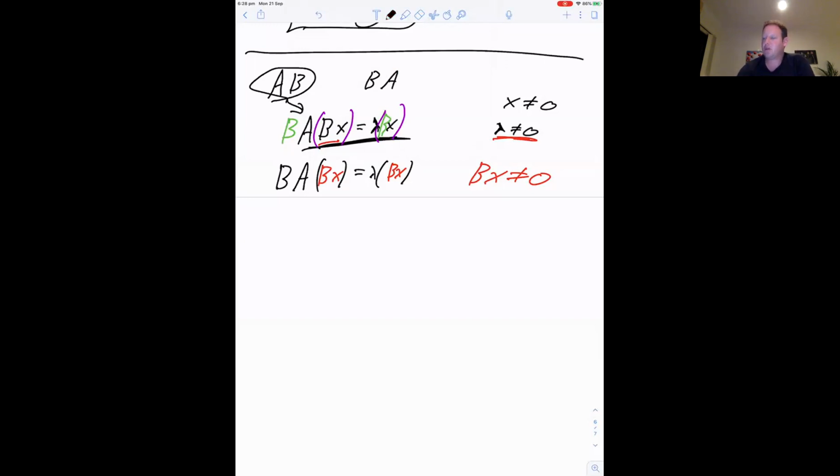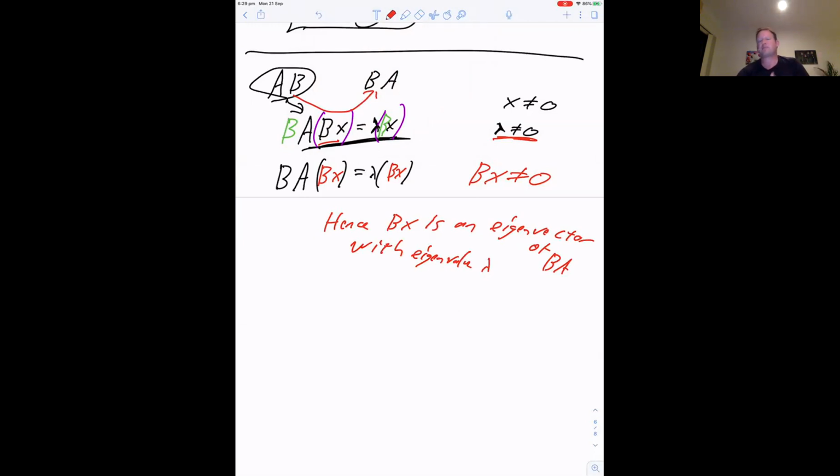So hence BX is an eigenvector of BA with eigenvalue lambda. So we've just seen that lambda was inherited from AB to BA.